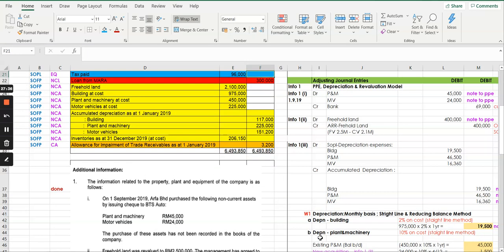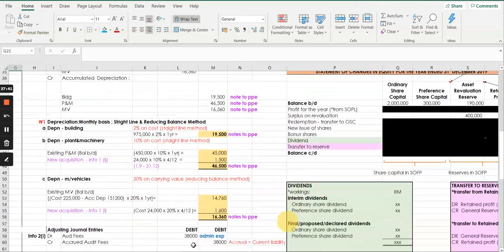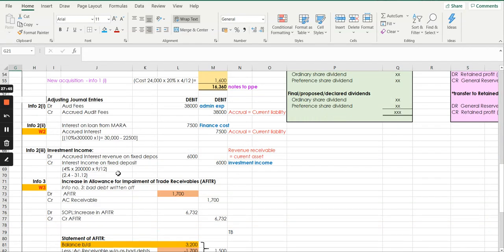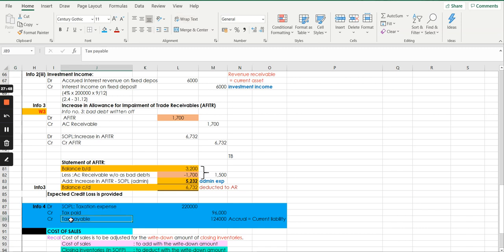So now you need to eliminate that and see how much is the amount that you need to record as tax recoverable or tax payable. In your case, what you paid was 96,000 much earlier, and you are assessed by the Inland Revenue Board at 220,000.